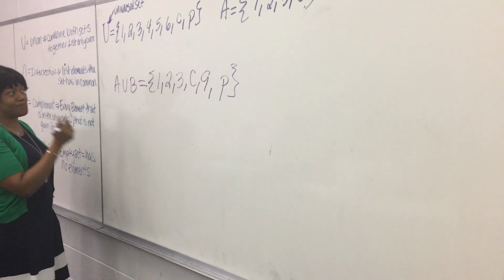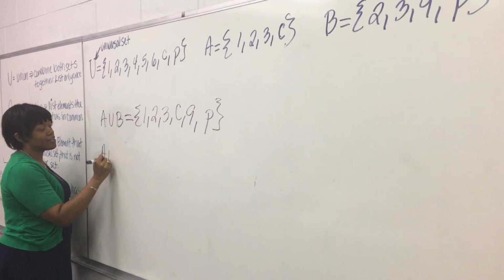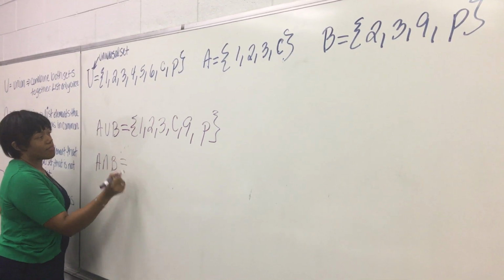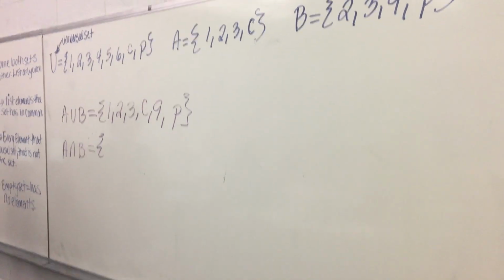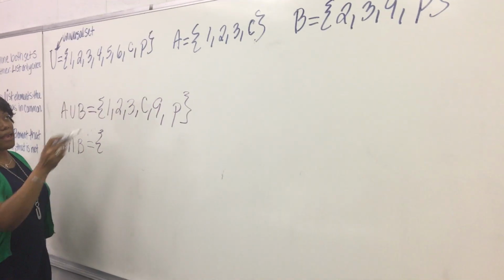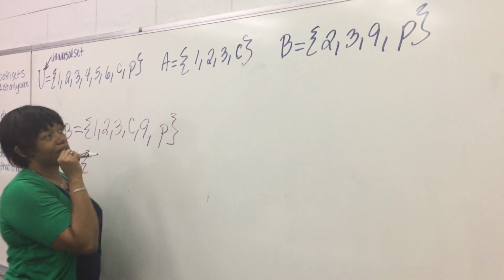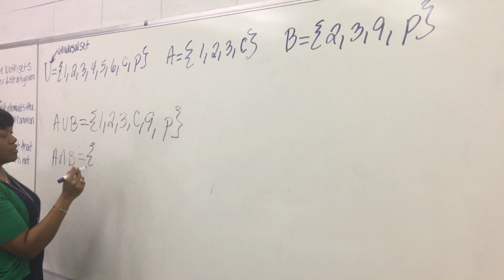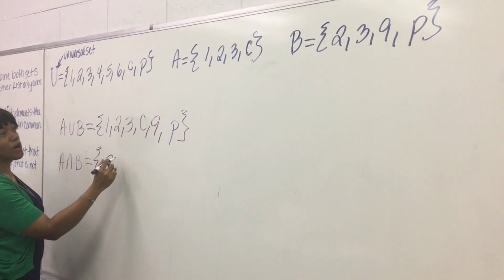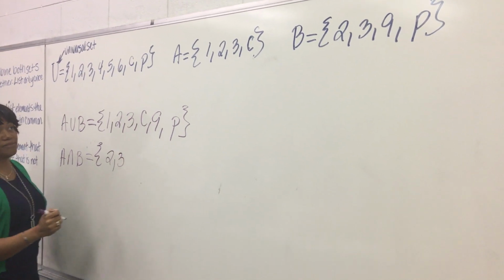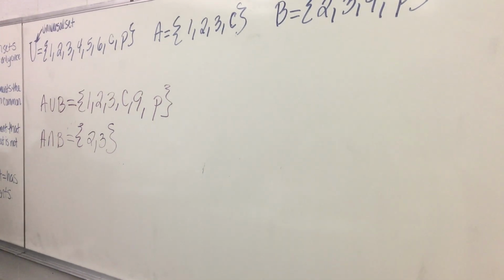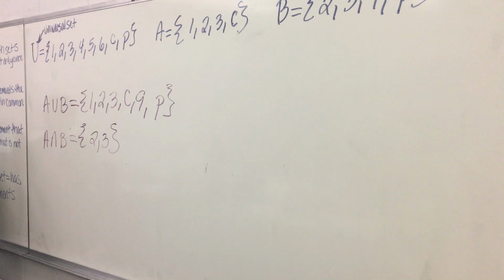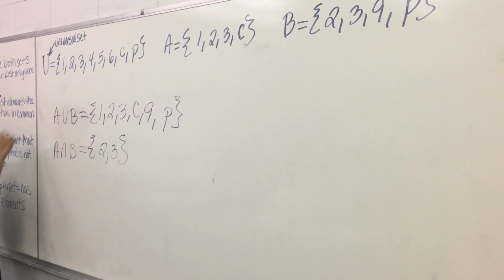Then, if we want to do A intersection B, we would look at what they have in common. What do A and B have in common here? Well, they have a 2 and a 3, right? So it's literally what they have in common in putting the two sets together.